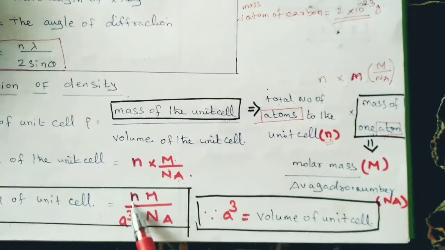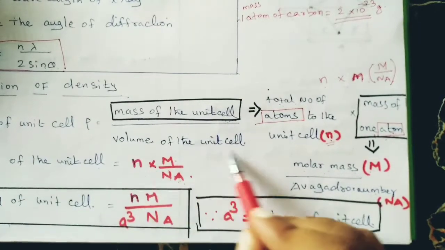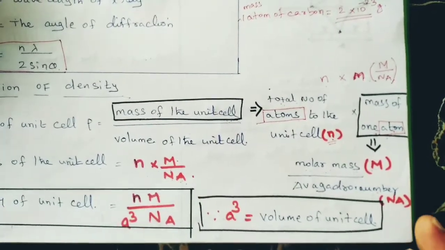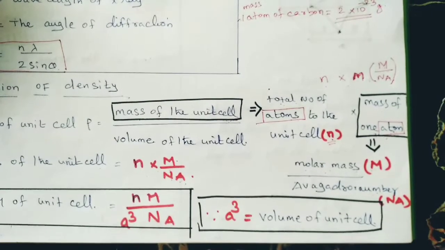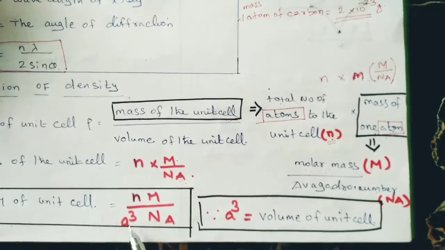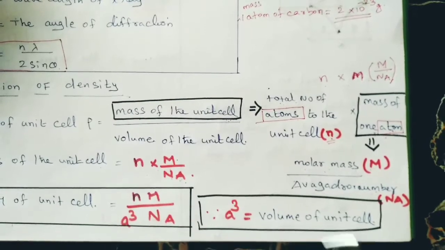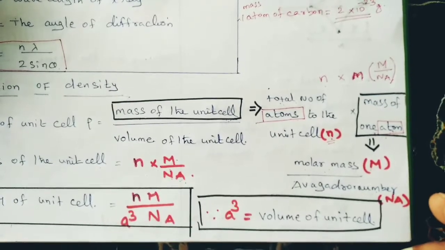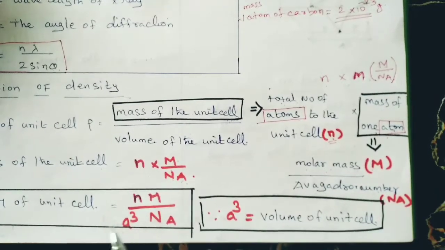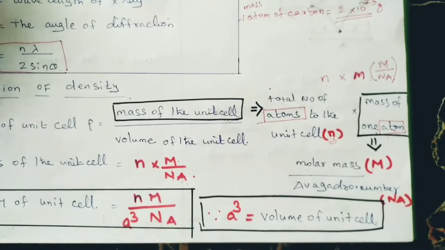Then density is n into M divided by Na, divided by the volume of the unit cell. We know that the unit cell is a cube, and the volume of a cube is length into breadth into height. Length, breadth and height all have the same value, so that is a cube. This is how we calculate the density based upon this formula.